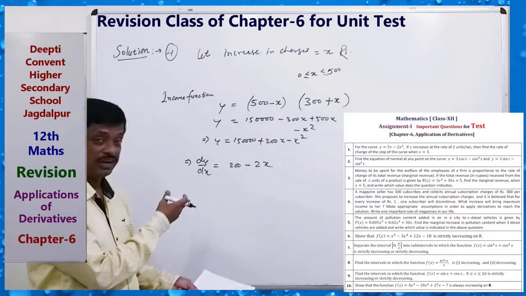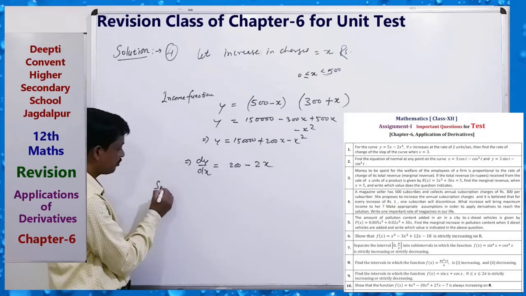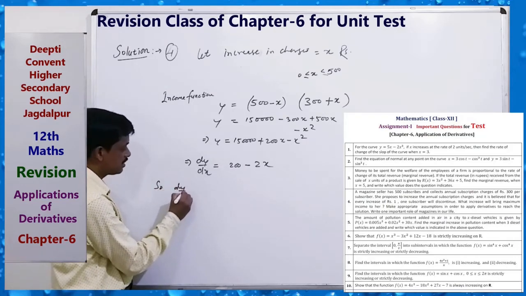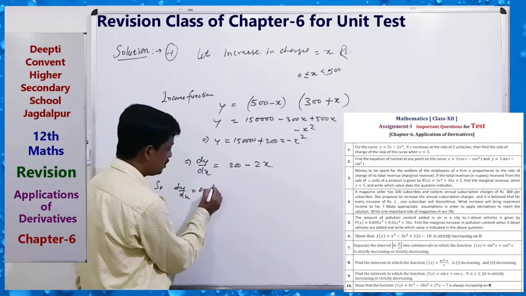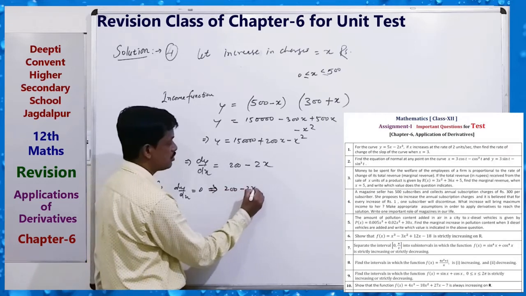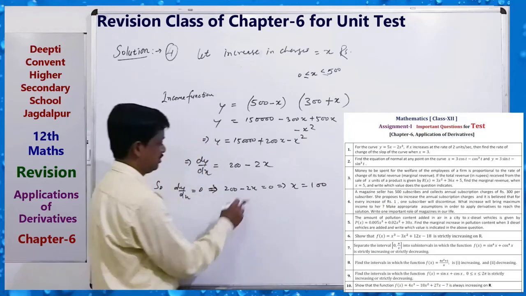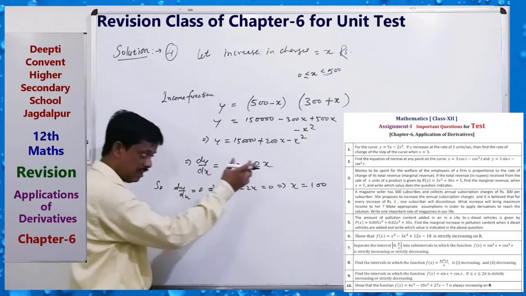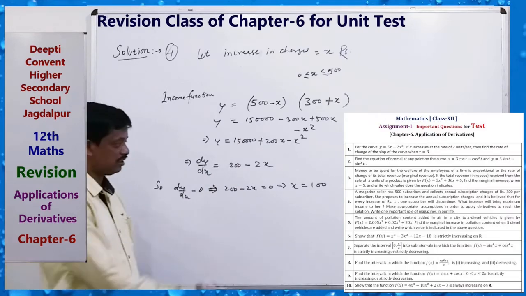For critical points, dy by dx equals to 0 gives critical or stationary points. So 200 minus 2x equals to 0 implies x equals to 100. So this is the critical point.